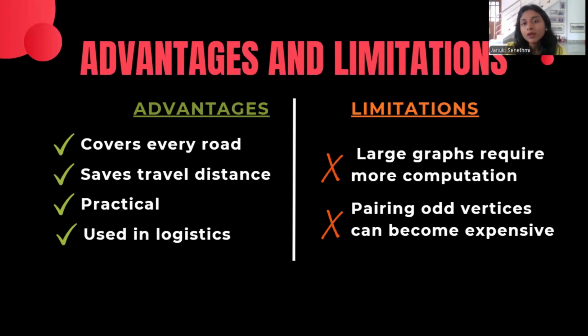However, there are some limitations. Large graphs require more computation, and finding the best pairing of odd vertices becomes increasingly complex as the graph grows. Even so, it remains one of the most useful routing algorithms in graph theory.